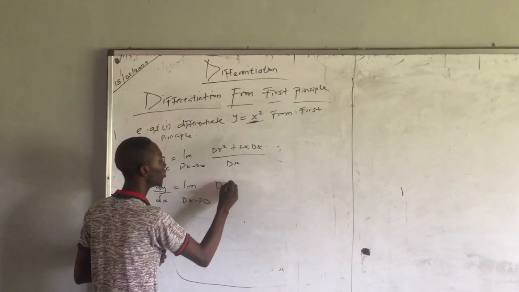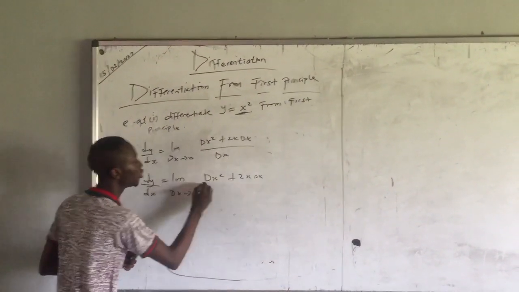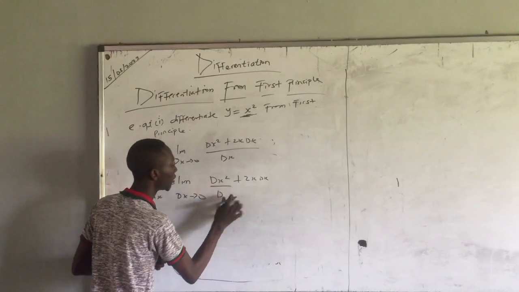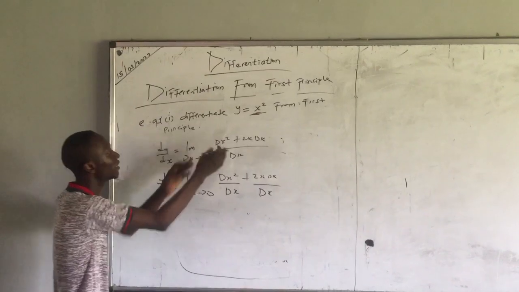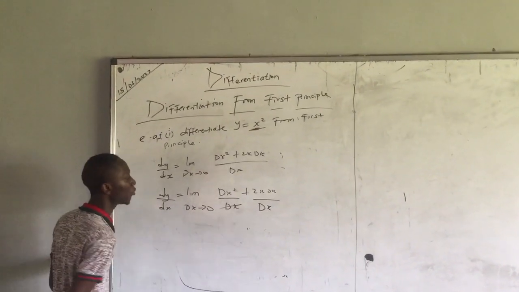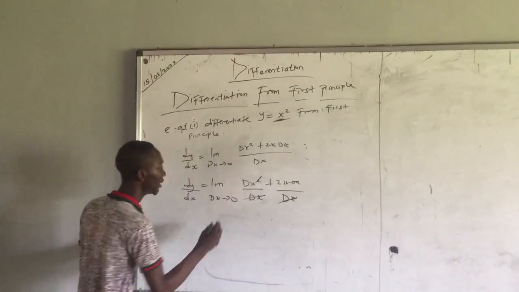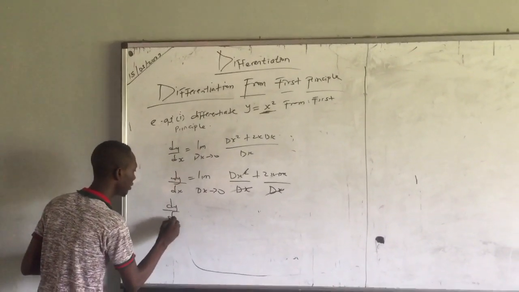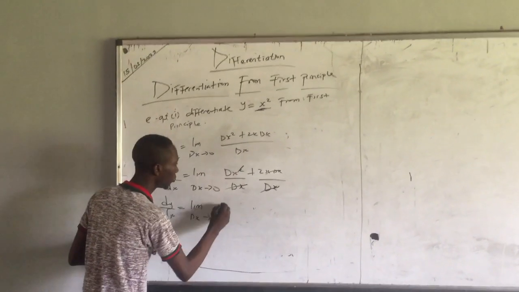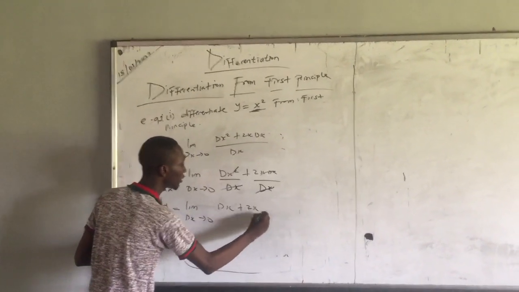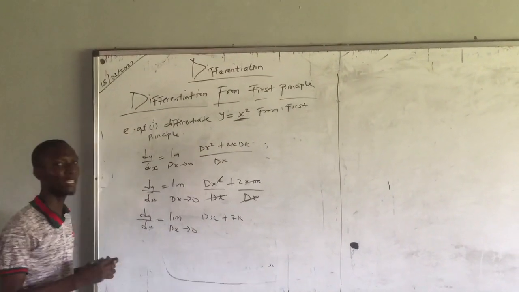Simplifying becomes dx squared plus 2x dx, all over dx. Now the denominator is dividing both terms in the numerator, so we separate them so that they cancel out. This dx can cancel the square, then this dx will cancel dx. So we are left with dy/dx equals the limit as dx tends to 0 of dx plus 2x. Now there is nothing we can do again to simplify this equation.